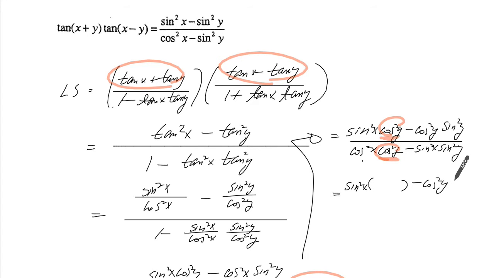Okay, what goes in that bracket? Okay, and here we get 1 minus sine, right? 1 minus also sine. All right, let's expand.